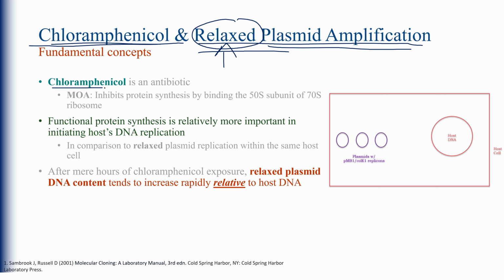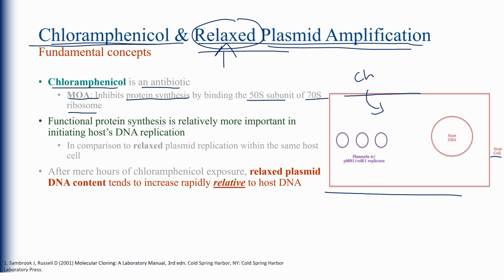Chloramphenicol is an antibiotic, and the mechanism here is what is relevant. Chloramphenicol inhibits protein synthesis by binding to the 50S subunit of the 70S ribosome within the host. Because of this, you have decreased protein synthesis. Let's say here to the right you have a host cell in this big rectangle, and you add chloramphenicol.